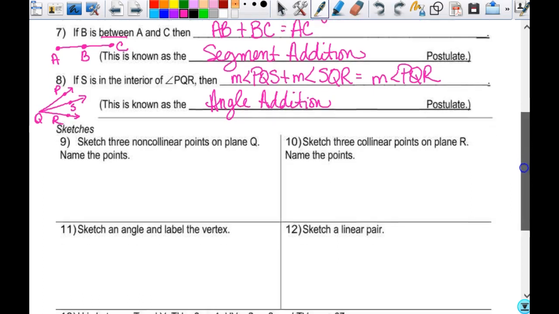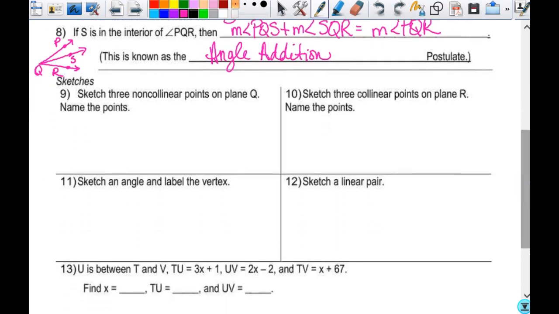Okay. Then we're going to sketch 3 non-collinear points on plane Q. So here's plane Q, and then I need 3 non-collinear points. This, A, B, and C. Okay, then I'm going to sketch 3 collinear points on plane R. These should be italicized.